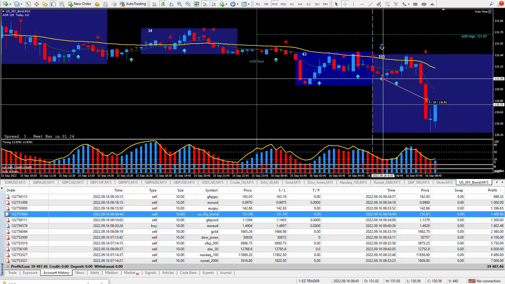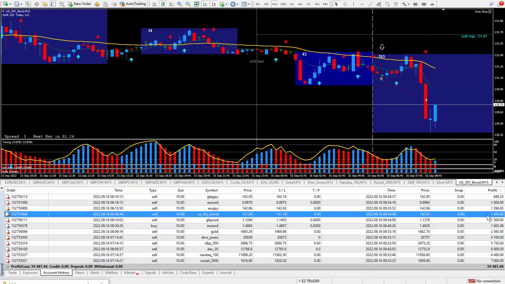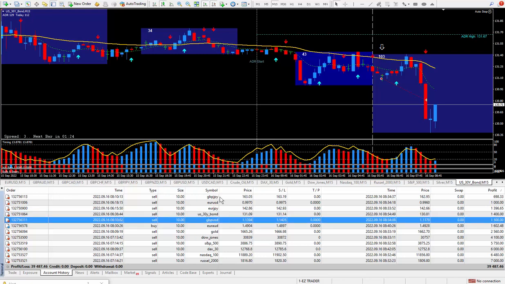Now let's see where it looks like. I used a calculator and it did say it was 28. So there it is right there, 28 times $5 times 10 lots paid $1,400. Moving right along to the next trade, pound dollar.